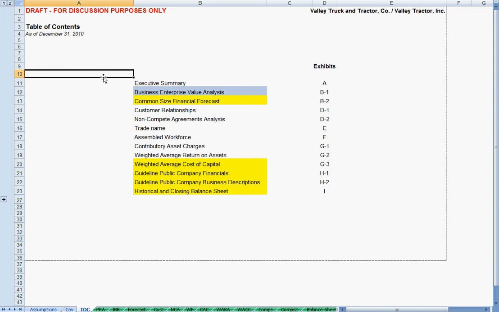This already helps a significant amount in building the overall model. The business enterprise valuation would be the next step of the analysis, very important, and has a lot of details there. So once these phases are done, the model a lot of times could be viewed as 60% complete from that point on.